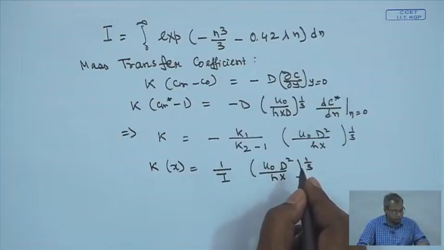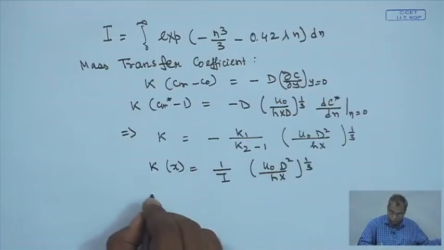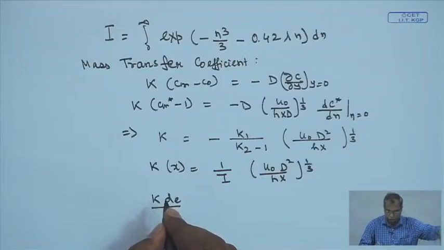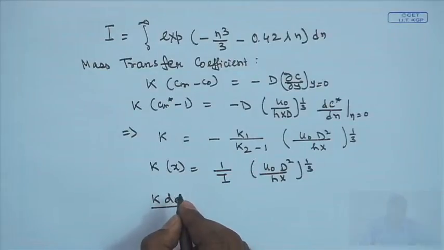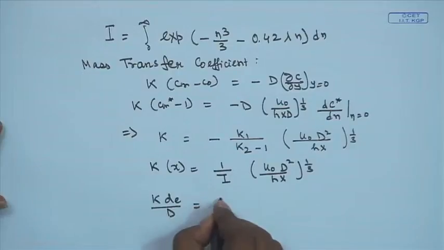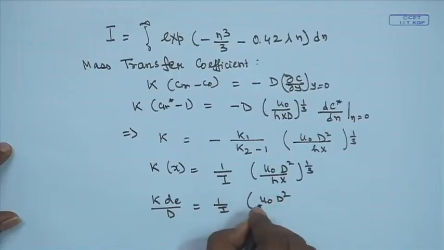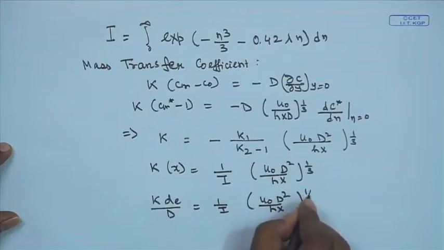Now, we will be defining the Sherwood number in terms of kd by D, and this becomes 1 over I, u0 d square over hx to the power 1 upon 3.